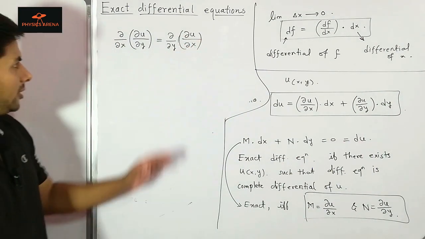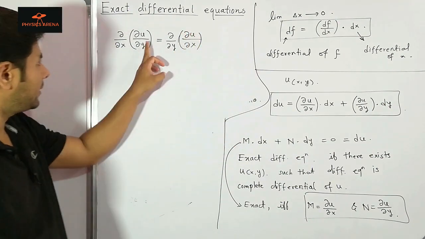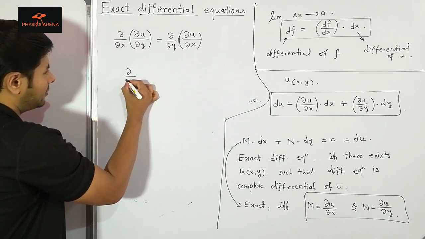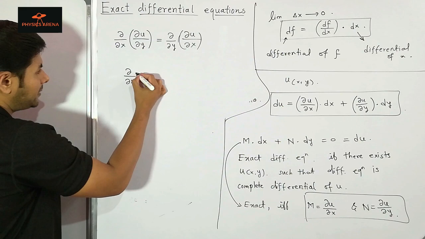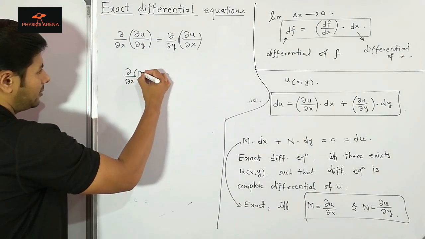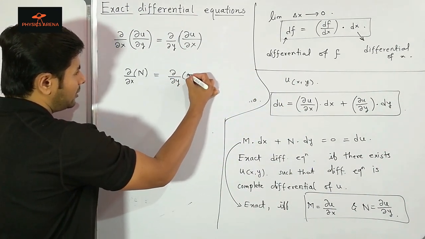If we substitute M and N, what we get is del by del x of N equals del by del y of M.